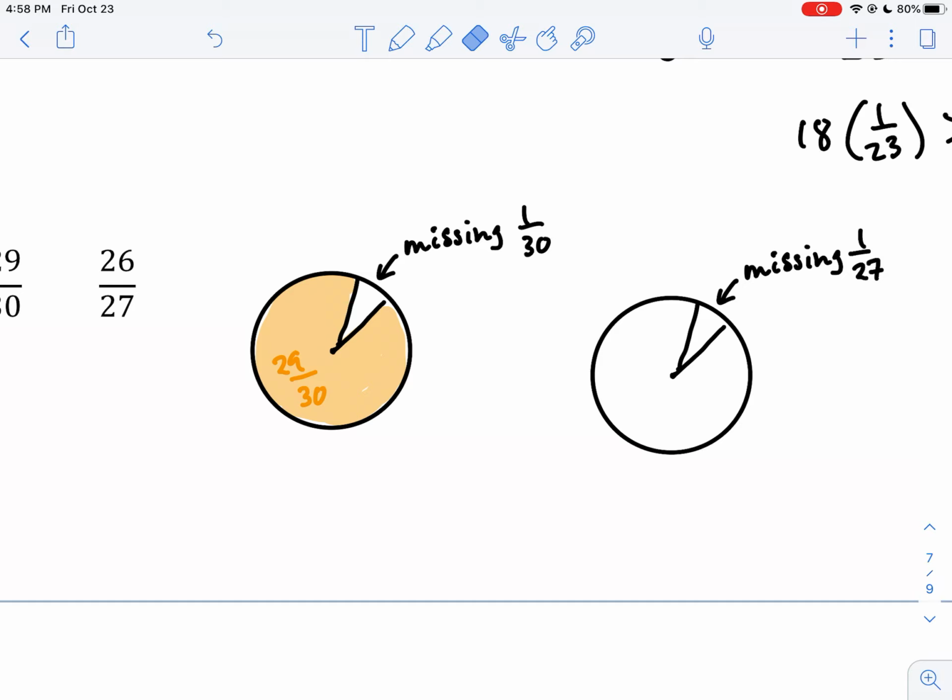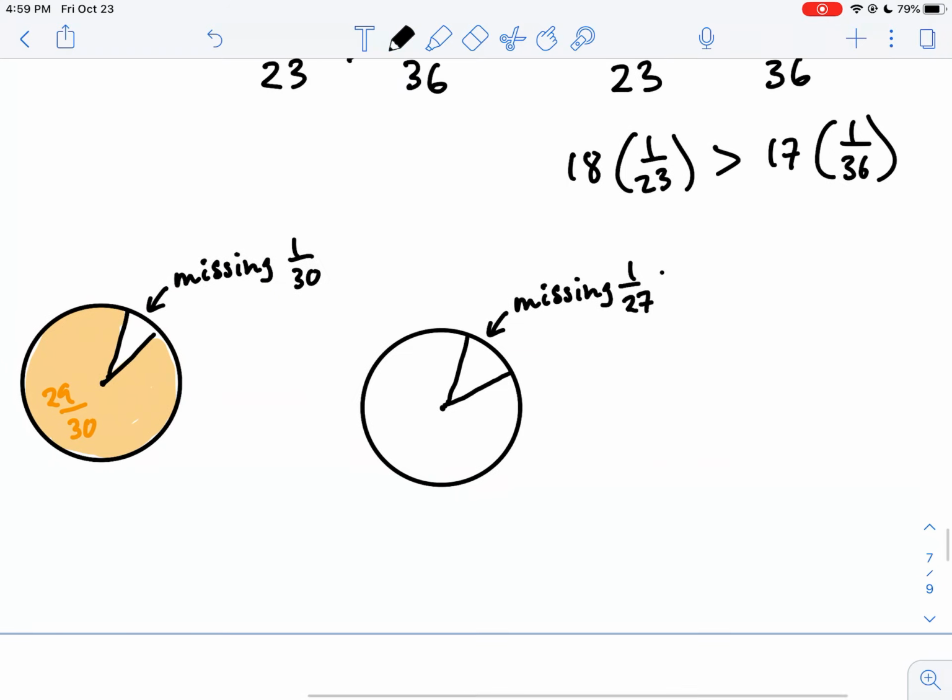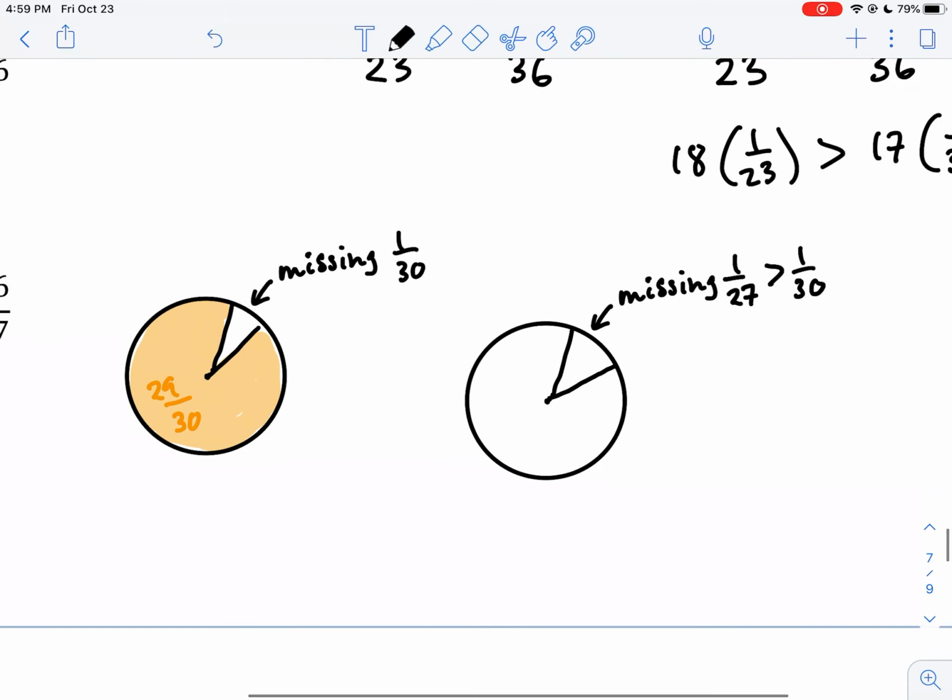Well, dividing the circle into 27 pieces will produce larger pieces than dividing it into 30 pieces. So 1/27 is larger. So I'm going to make this look a little more obvious by making, even though this is not to scale, it's a larger piece that's missing. So I'm just trying to make this piece that's missing look larger than that one. And 1/27 is more than 1/30. That's why I drew it larger.